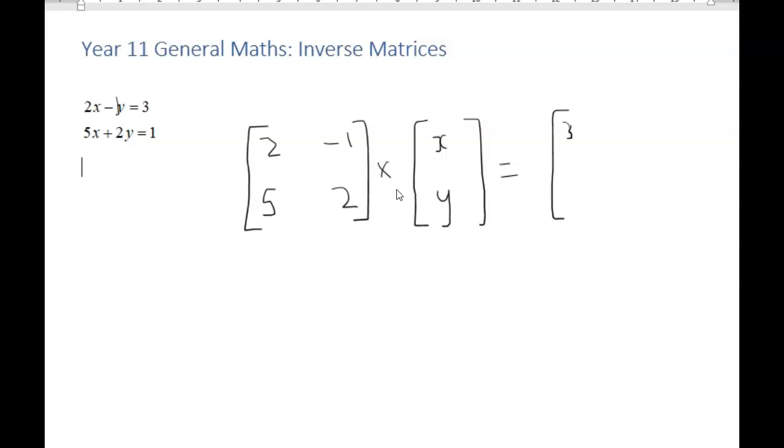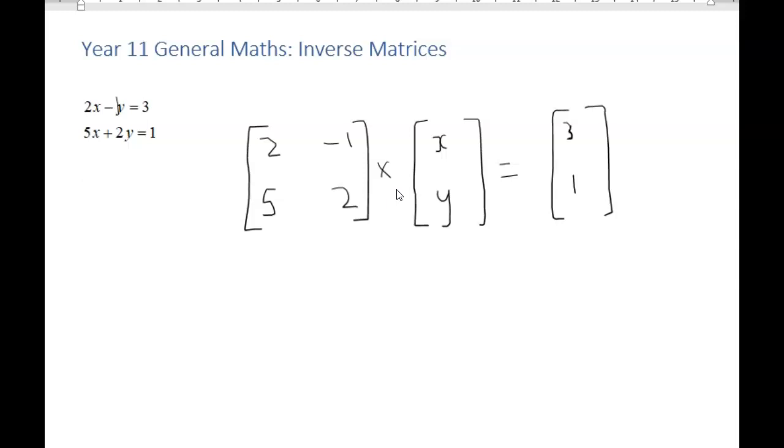Now, when you think about this, this is basically a matrix multiplication. So if I was to go through and multiply this first row by this column, you're going to get 2 times x, -1 times y. But we know in algebra, we have to get the x and the y on their own.